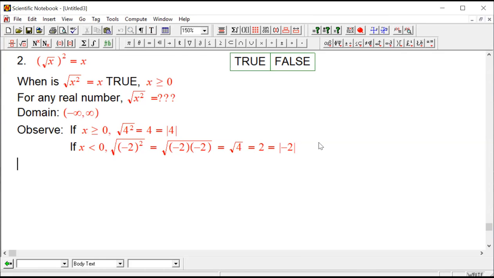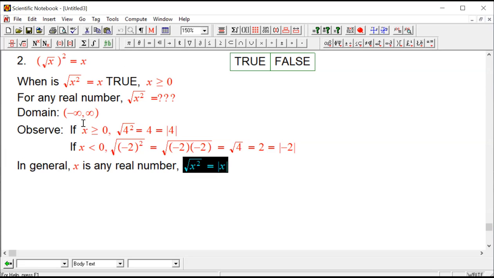So now you can see, in general, if X is any real number, the square root of X squared is going to be equal to the absolute value of X. And this is always true.